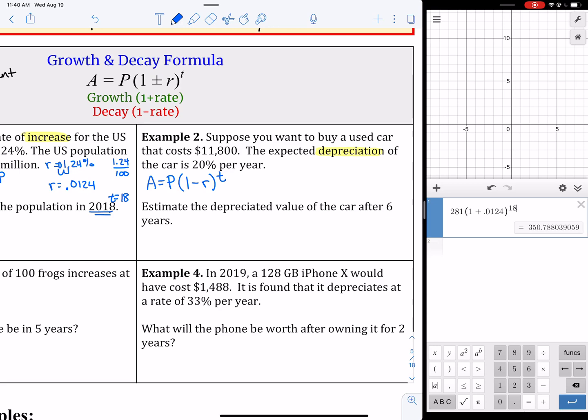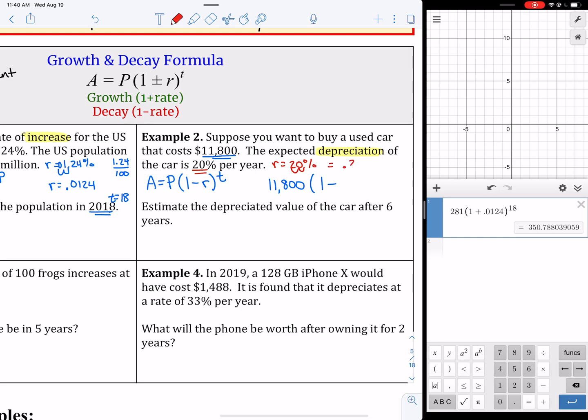And we'll fill in what we know. So our initial value was 11,800 for our car. Our rate, we've got to figure out. So 1 minus, and let's put the rate into a decimal. So if the rate is 20%, and we move our decimal over 2 places, right now it's sitting behind that 0, and we need to move it to the left.